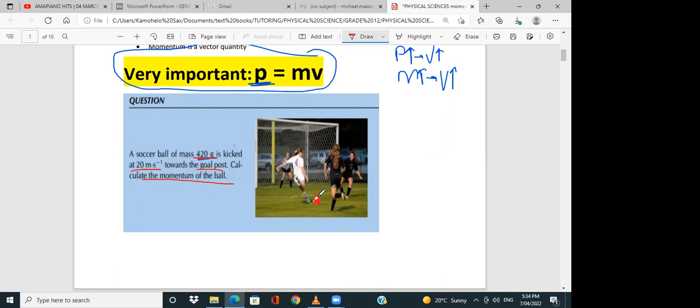Now, this ball of ours is being kicked towards a pole until it reaches this point there on that pole. What we want to know is the ball's momentum from here until it reaches this pole. That's a simple way of illustrating what is being asked in our question.